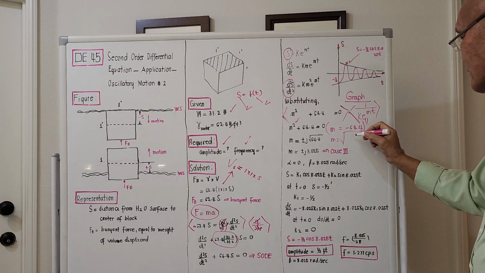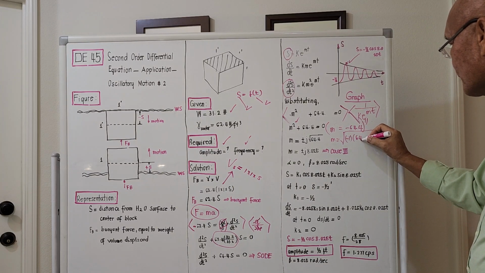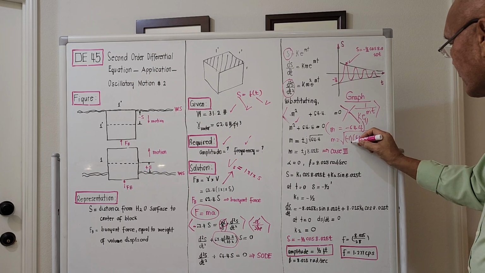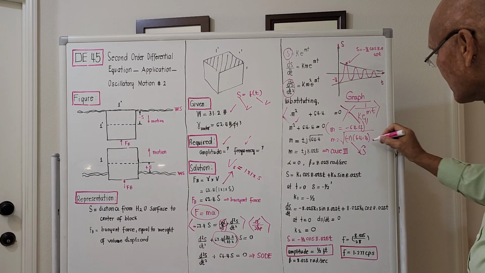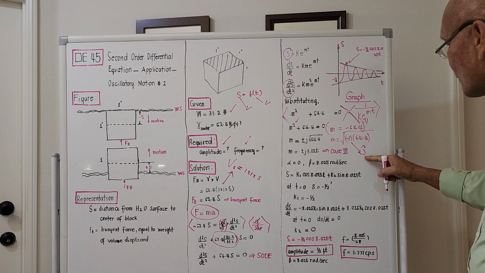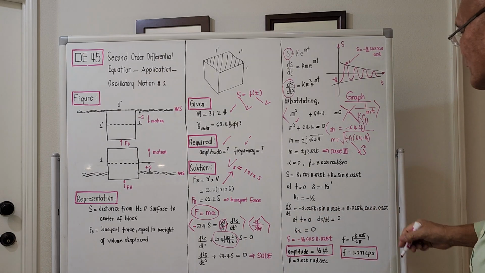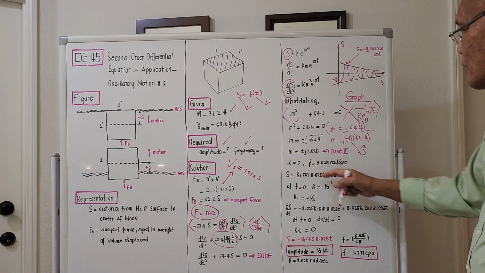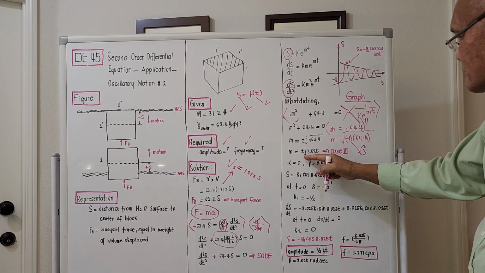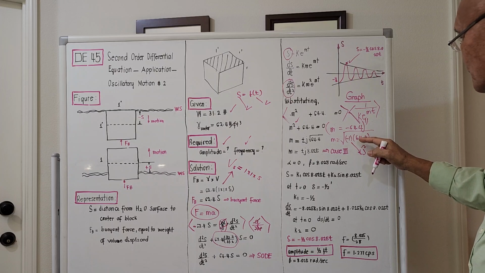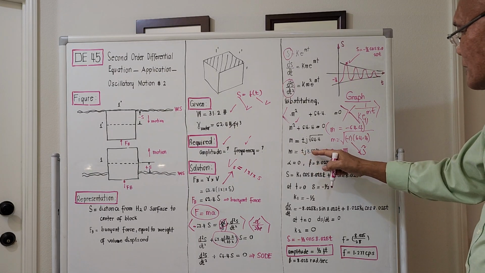Negative 64.4 can be written as negative 1 times 64.4. And we will replace this negative 1 by the value of j squared. So j squared is negative 1, and 64.4 we can take the square root of. So the value of m now will be plus or minus, the square root of j squared is just j, and the square root of 64.4 is also preceded by plus or minus.